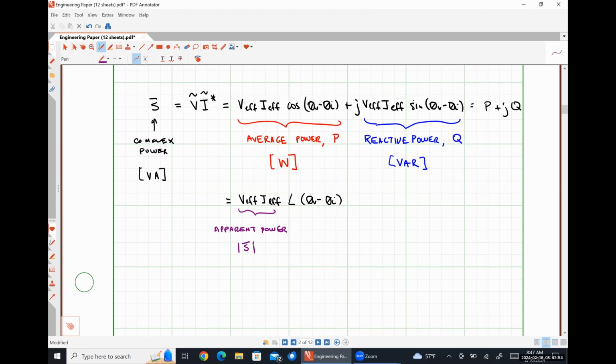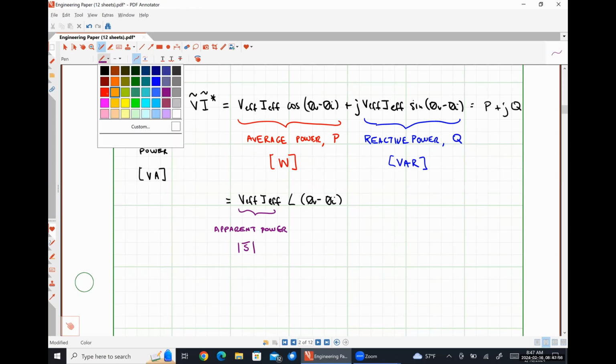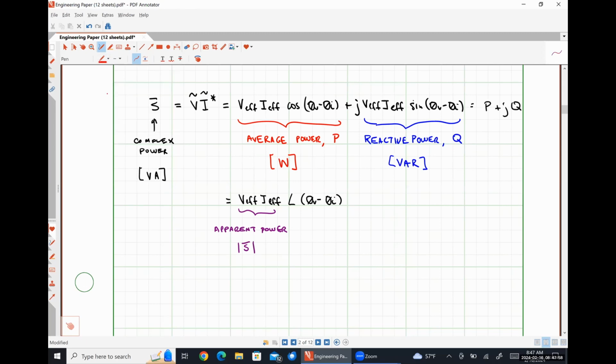And then this angle over here also has a special name, because everything has to in this convoluted thing. This is what's known, oh, I already used red, so let me use orange, as our power factor angle.